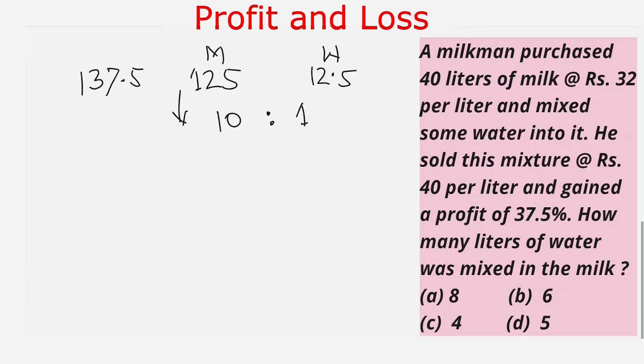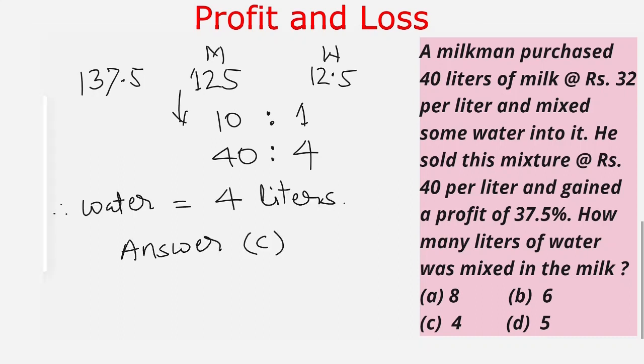So we multiply this ratio by 4, multiplying both the quantities of the ratio by 4, and we get 40 ratio 4. It means that when the milk is 40 liters, the water is 4 liters. Therefore, water equal to 4 liters, and from the given options, our answer is option C, 4 liters.